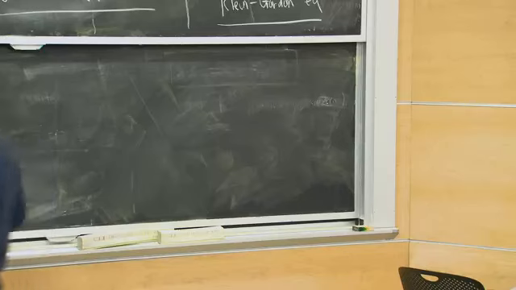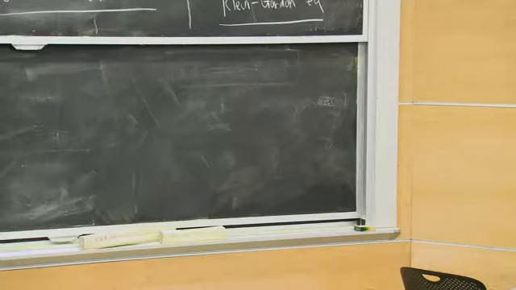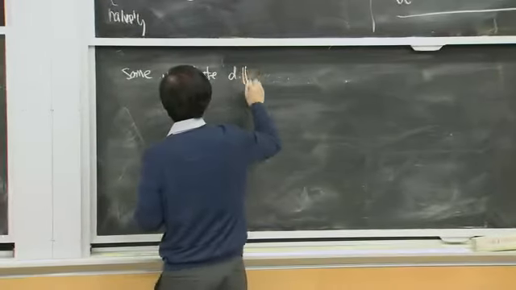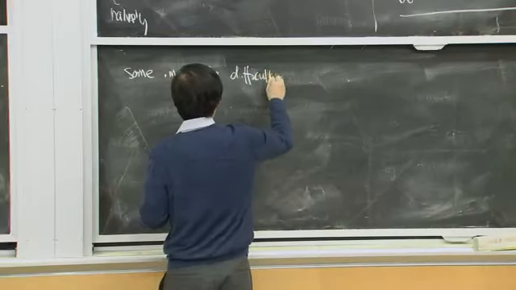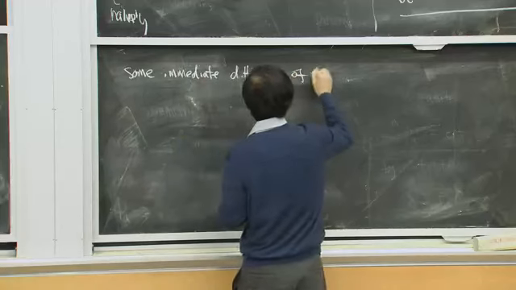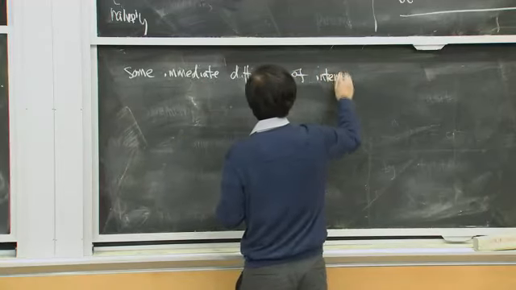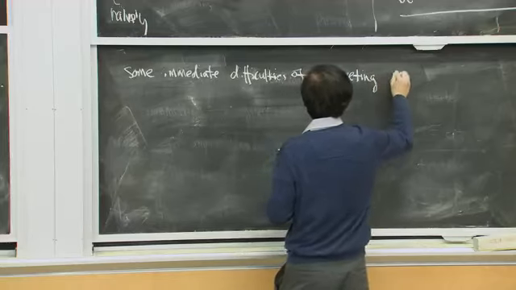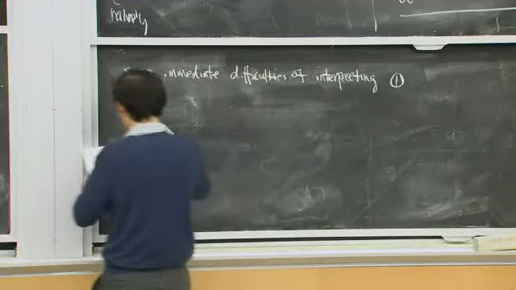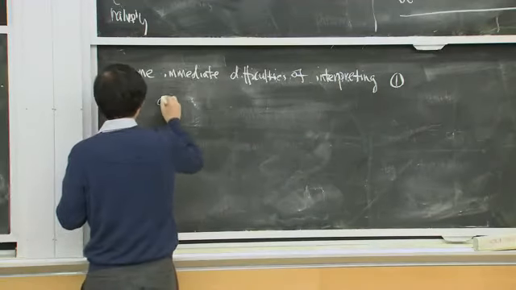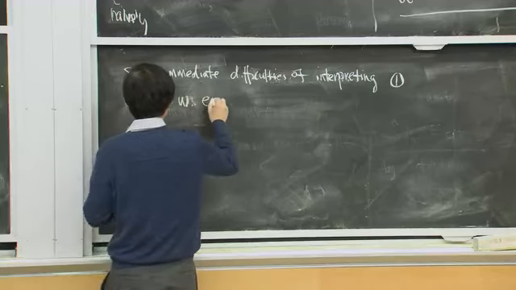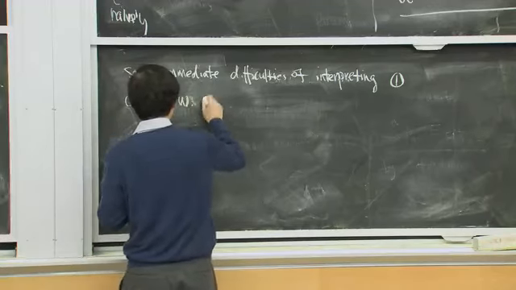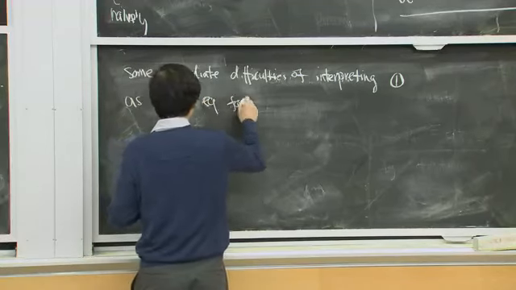So, some immediate difficulties of interpreting 1 as a wave equation for a relativistic particle.